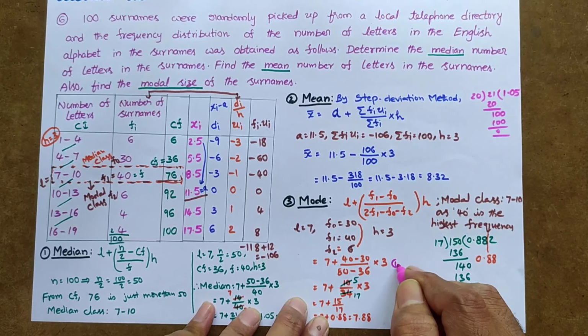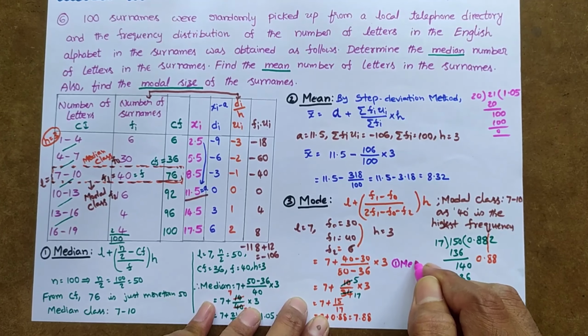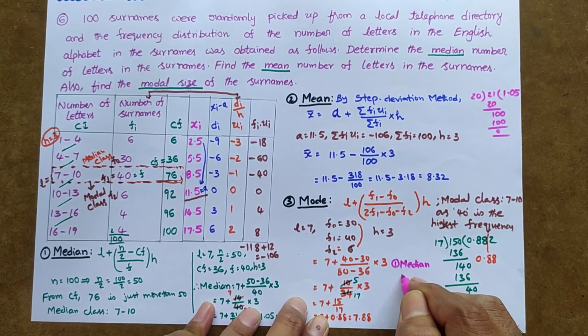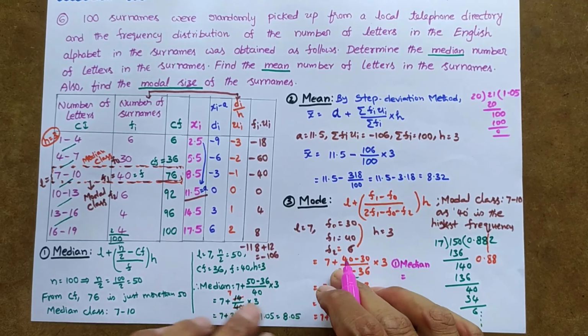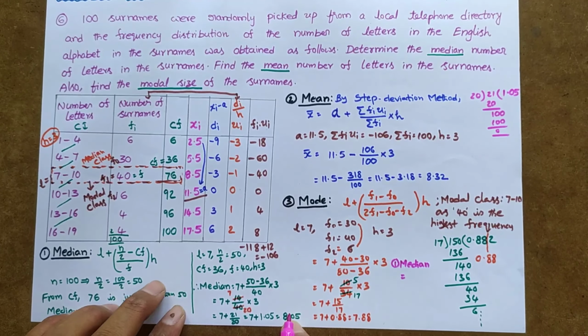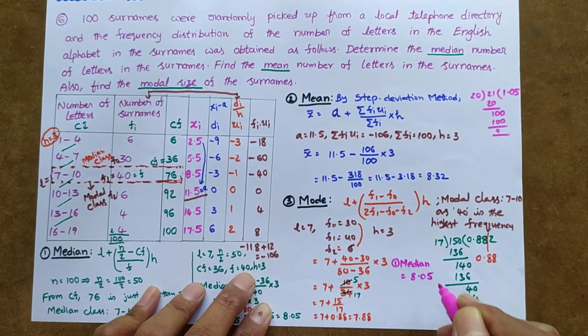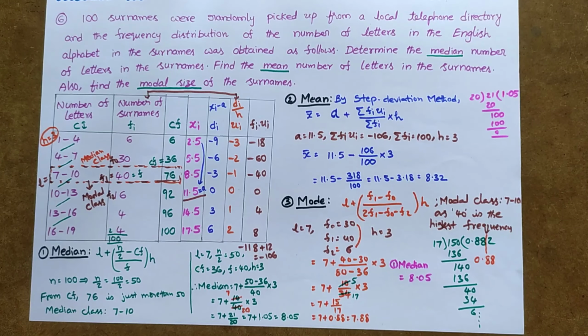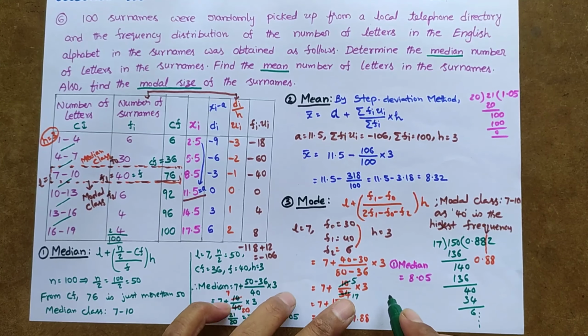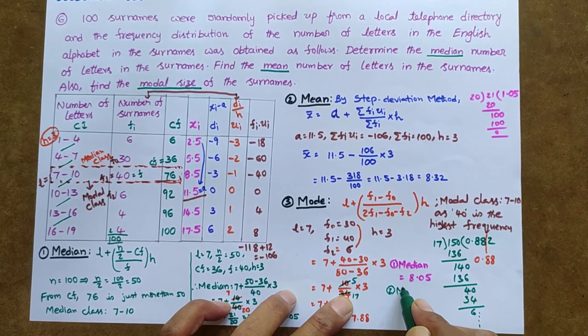Now let us write the conclusion. First one is median. Median value we got is 8.05. And the second one is mean.